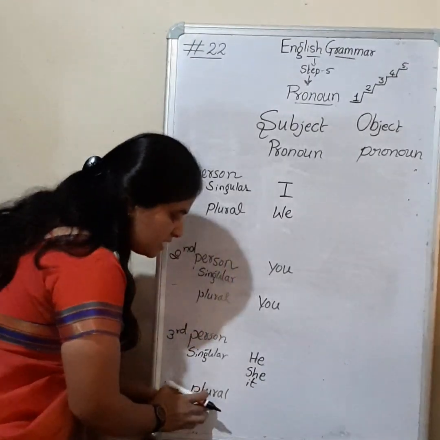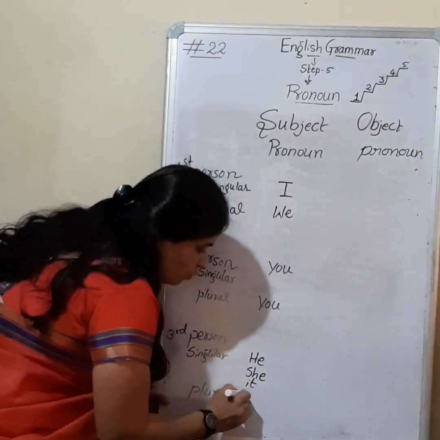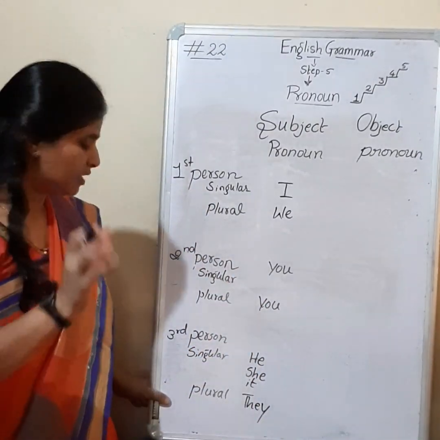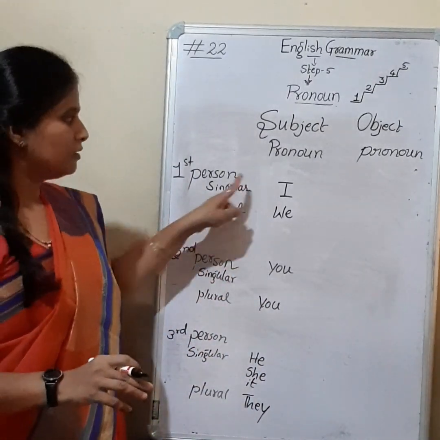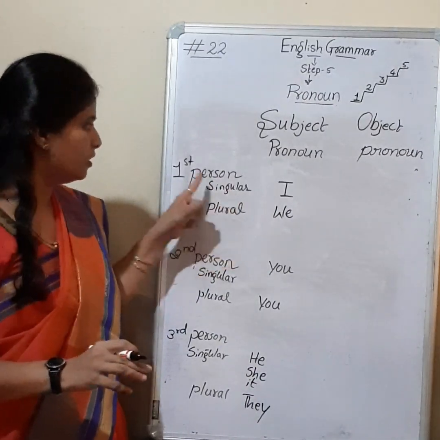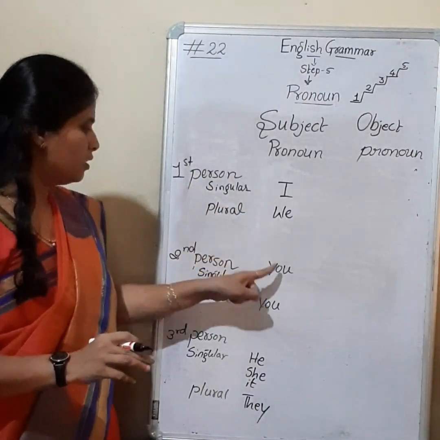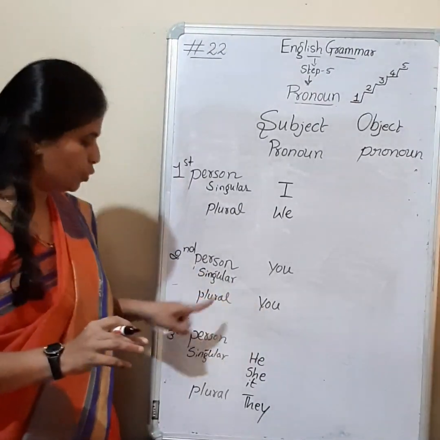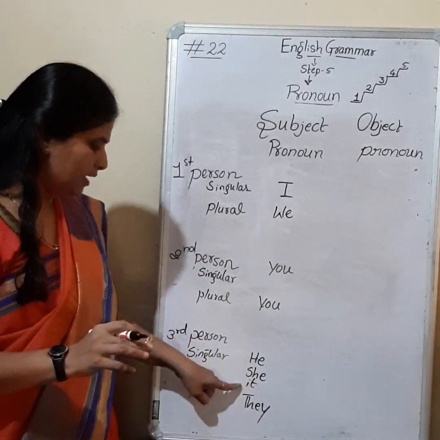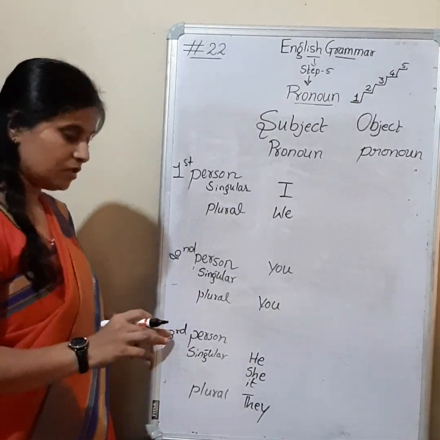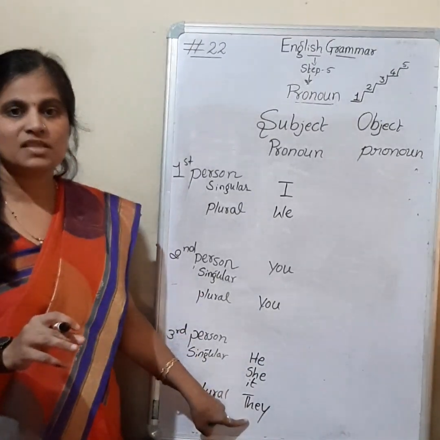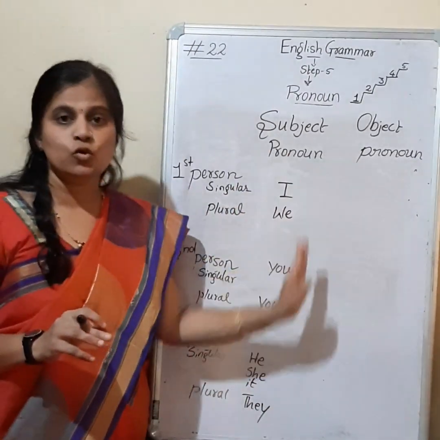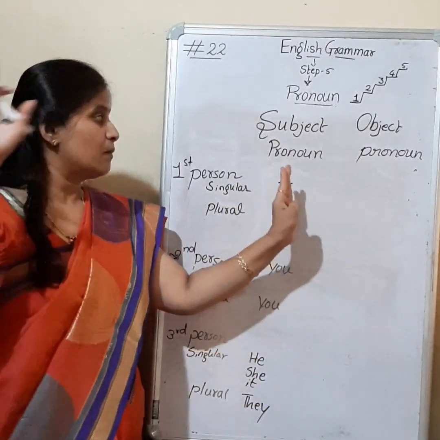Then if we consider plural, the word is they. So I, first person singular; we, plural; you, second person singular, the same remains in plural; he, she, it, singular; third person plural, they. Now these are all used when they are in the subject pronoun.